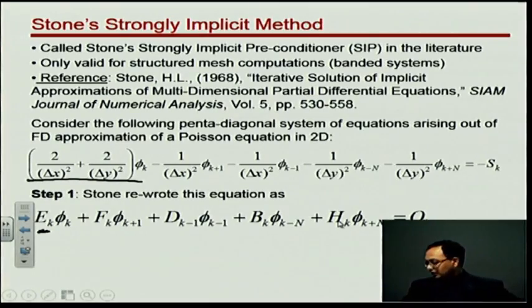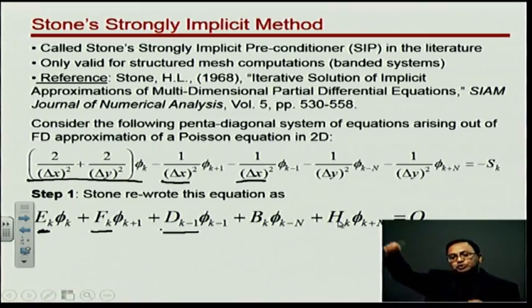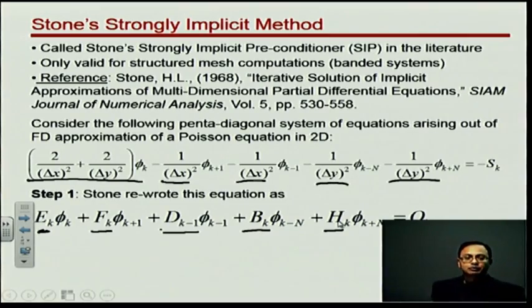Then here is your top diagonal, which corresponds to that, and then the sub diagonal, which corresponds to that, and then we have 2 diagonals far away. One of them is that, and the other is that one. We talked about this matrix structure in the last class when we did finite difference in 2D. So he first wrote the whole thing in that form, 5 diagonals, and the right hand side he called Q.